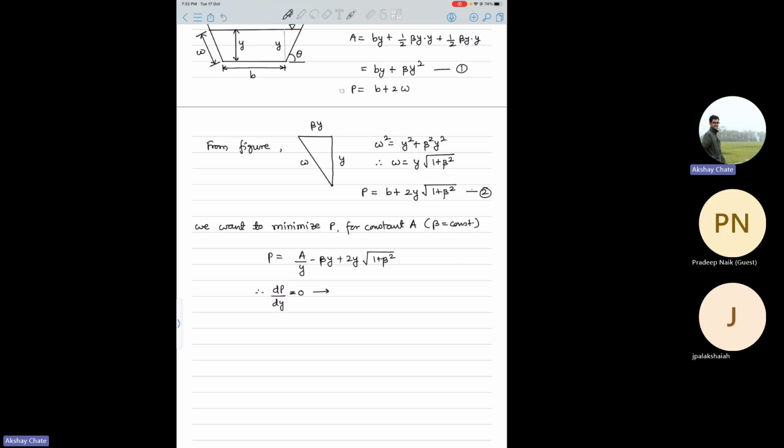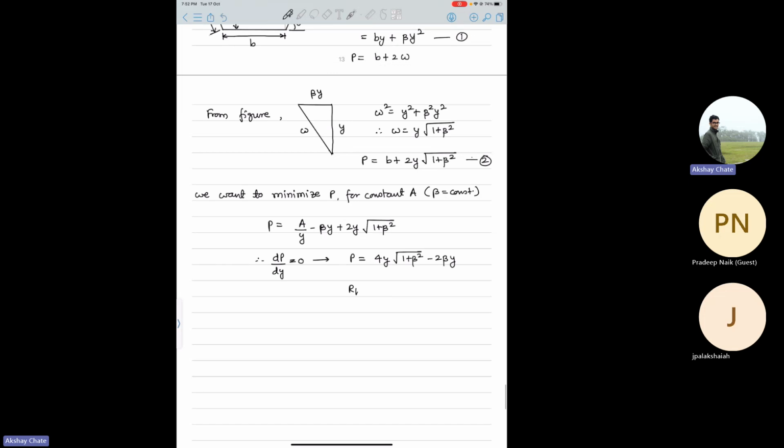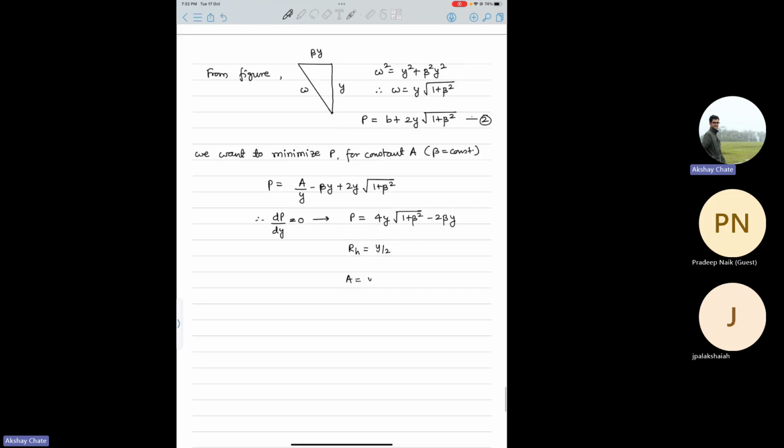The solution is: minimum perimeter will be 4y square root of 1 plus beta square minus 2 beta y, hydraulic radius we get as y by 2, and area we get as y square into 2 square root of 1 plus beta square minus beta.